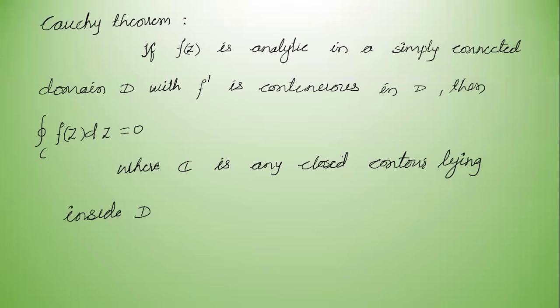Concept is Cauchy theorem. If f of z is analytic in a simply connected domain D with f dash continuous in D, then integration under closed curve C of f of z dz is equal to 0, where C is any closed contour lying inside D. In this condition, its value is 0.